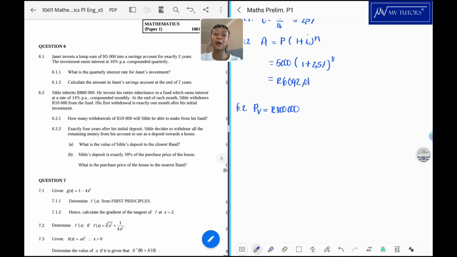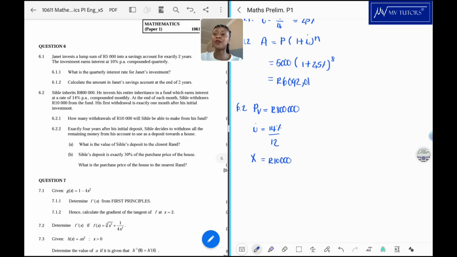So he's taking a complete lump sum of it and he invests it, in a fund which earns at a rate of 14% per annum, compounded monthly. At the end of each month, Sihle withdraws 10,000 Rand. So he's taking out 10,000 Rand from his fund. His first withdrawal is exactly 1 month after his initial investment.